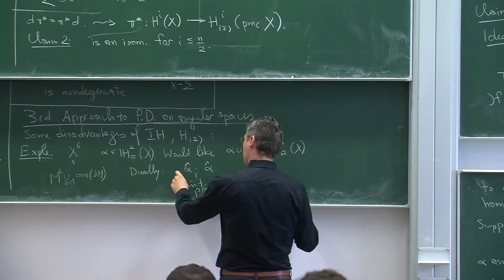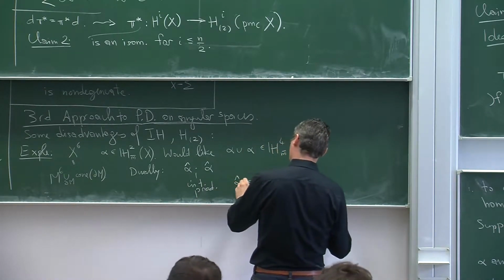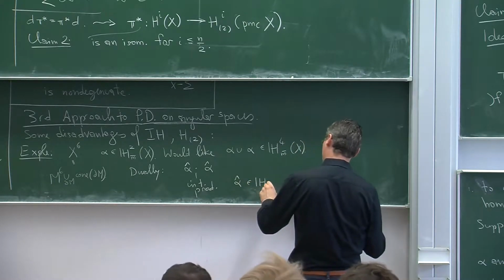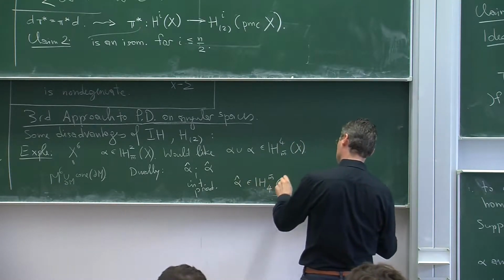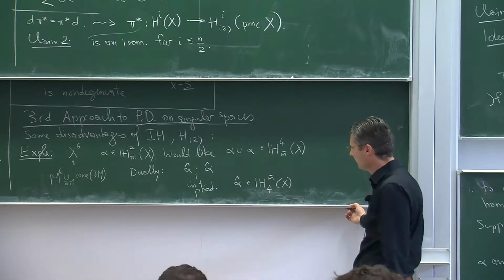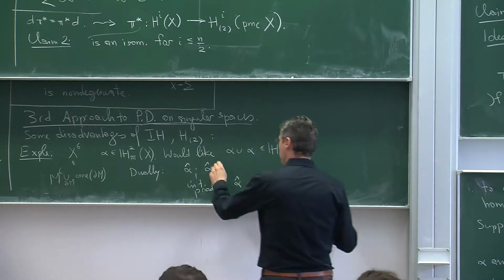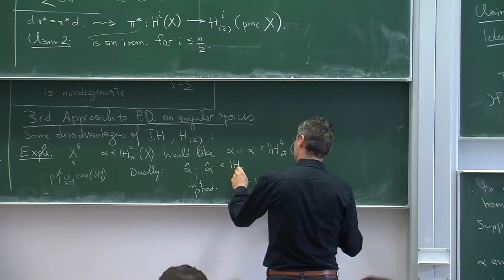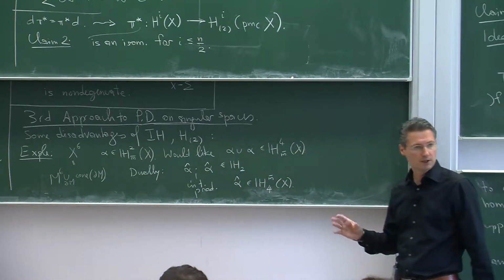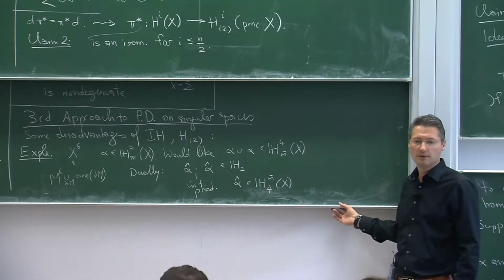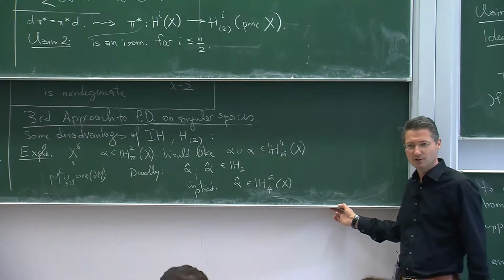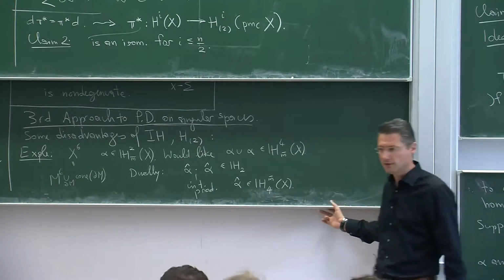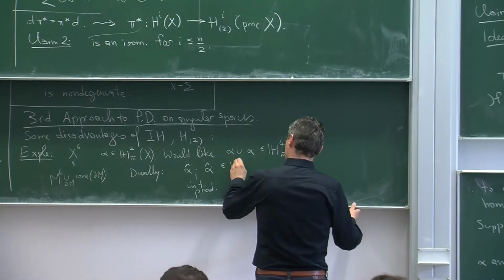But now alpha hat lies in IH4 homology. And so this should lie in IH2, right, according to the intersection form, the Lefschetz type intersection form of Goresky-MacPherson that I wrote down yesterday. So it should lie in IH2.